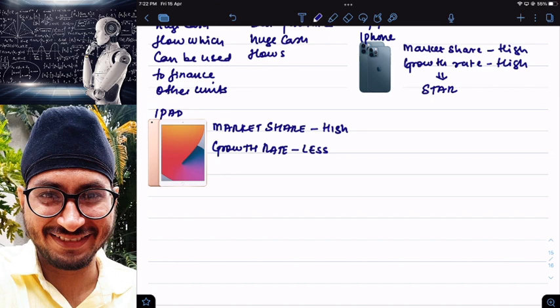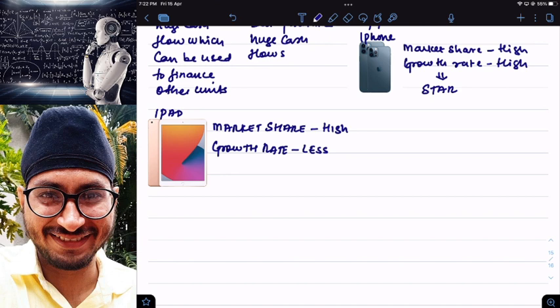But according to me, in future this industry is slowly going to close. Why? Earlier phone size was very small. That is why people used to use tablets also. But now phone sizes are continuously increasing, because of which over a period of time the growth rate of this industry is slowly coming down.